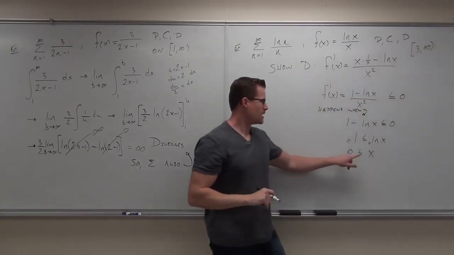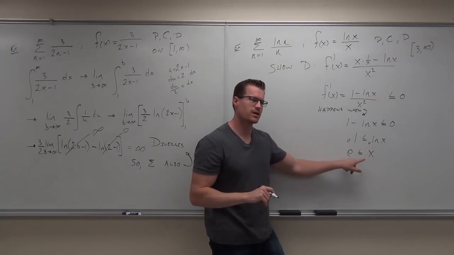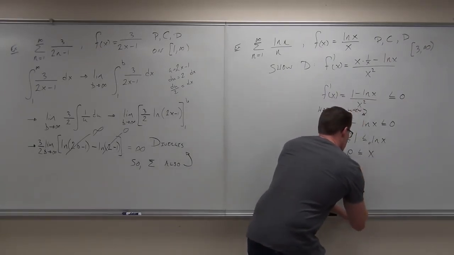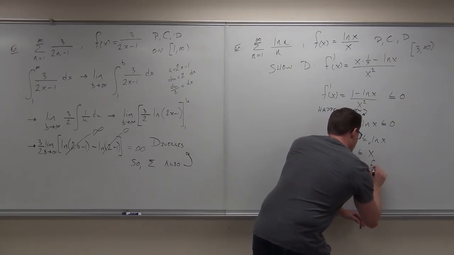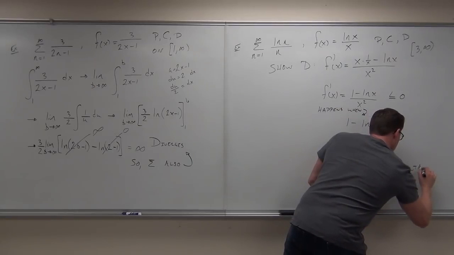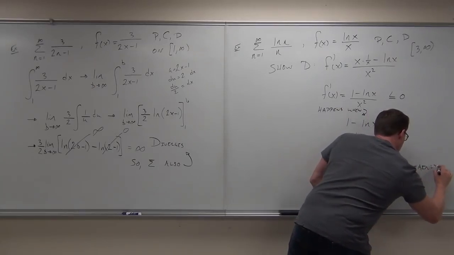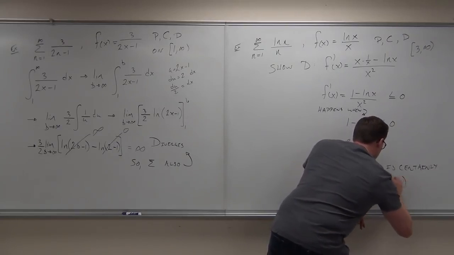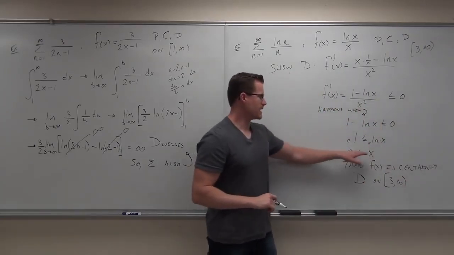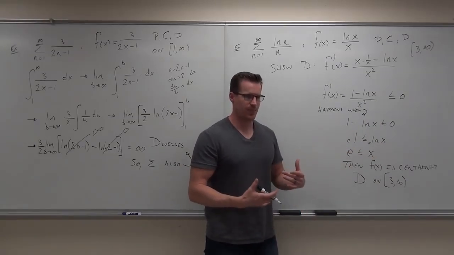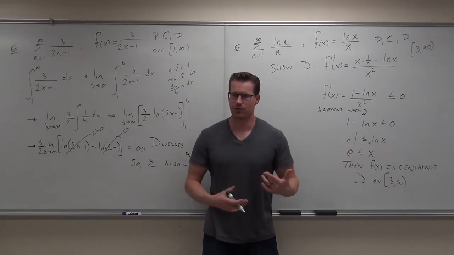Yes. If it takes x being bigger than or equal to e to be decreasing, then f of x is certainly decreasing on 3 to infinity, because 3 is bigger than e.